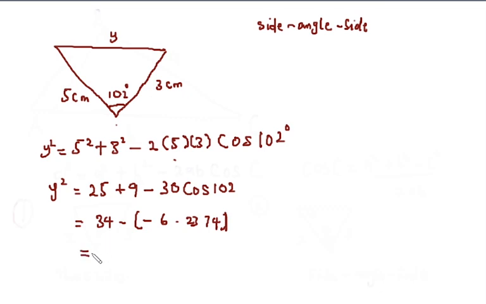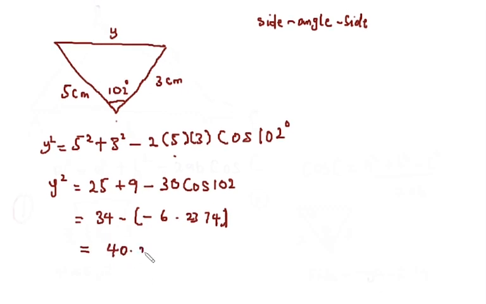So this is equal to 40.24 to 2 decimal places. So y squared is this. We can take the root of both sides, and y is equal to 6.34 centimeters.